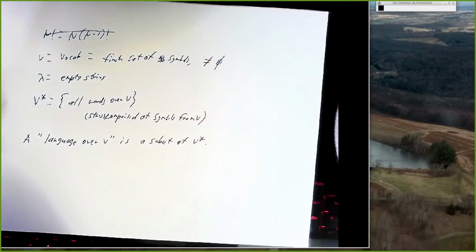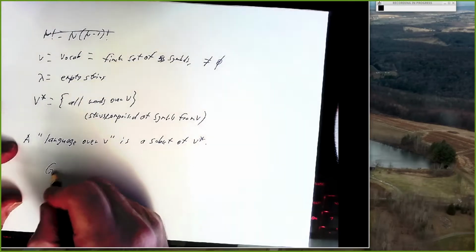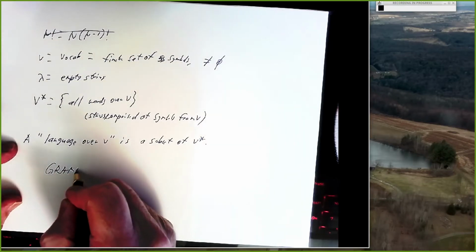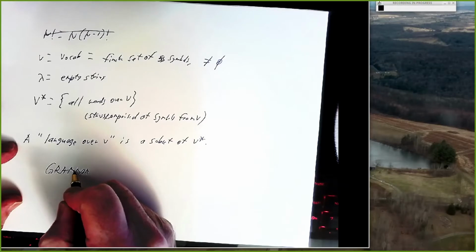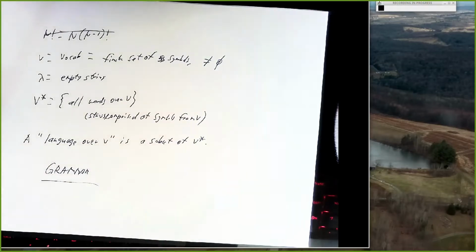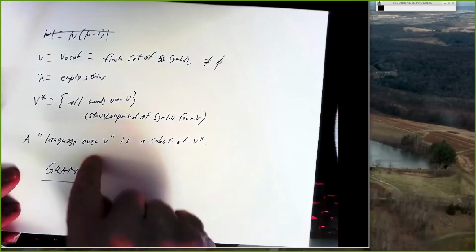But the third approach is to use what's called a grammar. And a grammar is basically a way to describe how we go from certain starting symbols to elements of our language, to strings that are contained in this language.